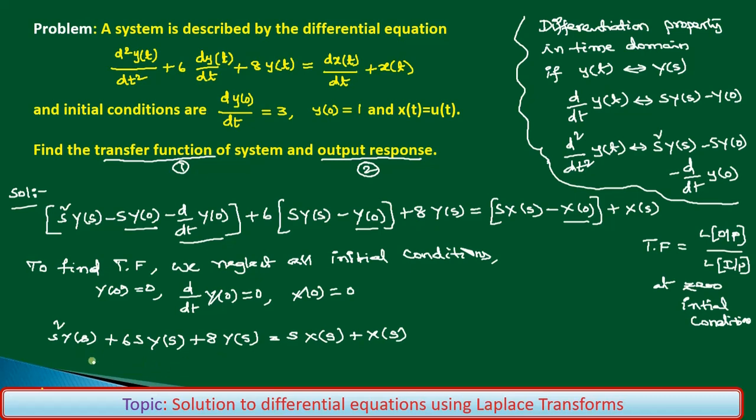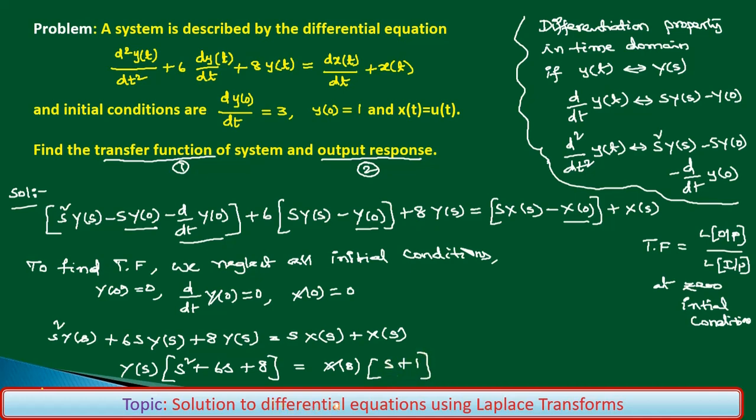Now from the left side we take y of s common: y of s into s square plus 6s plus 8 equals, so here we take x of s common, and then it becomes s plus 1.